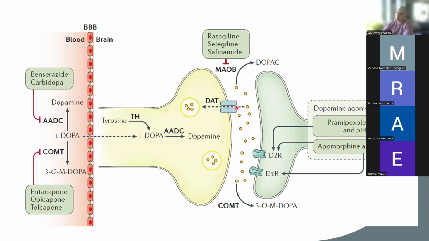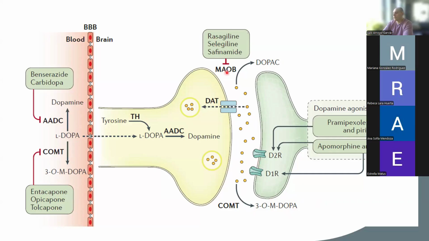One is to bring it inside again into the vesicles and have it ready to release again, or we can degrade it with the enzyme MAO, and this will generate DOPAC, or again the COMT, the same that we have here, and we're going to produce another metabolite of dopamine.